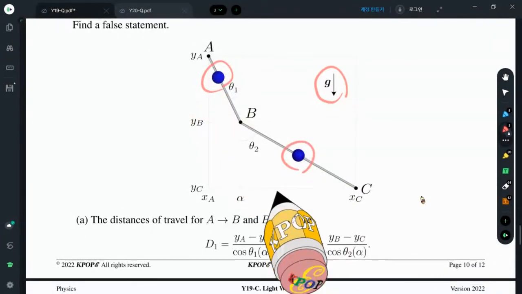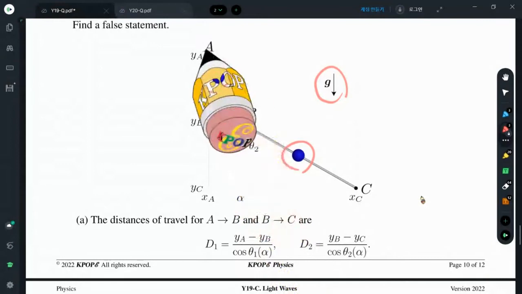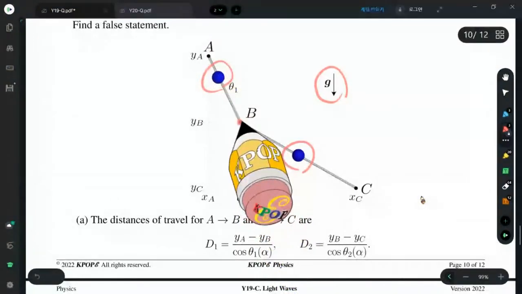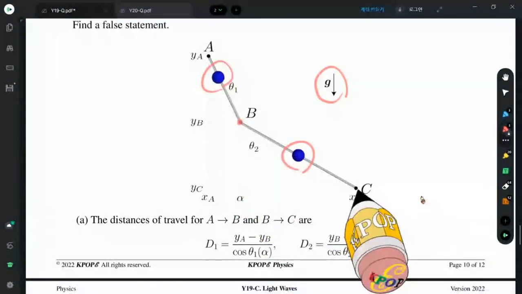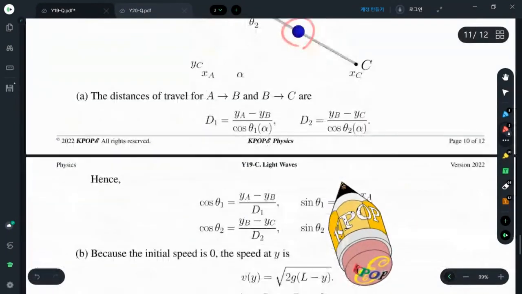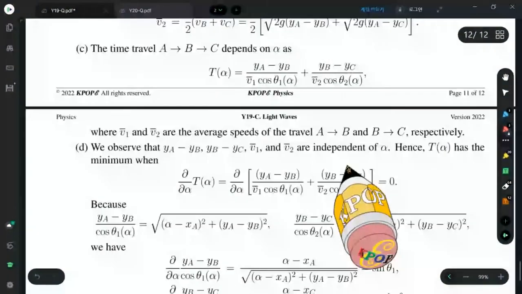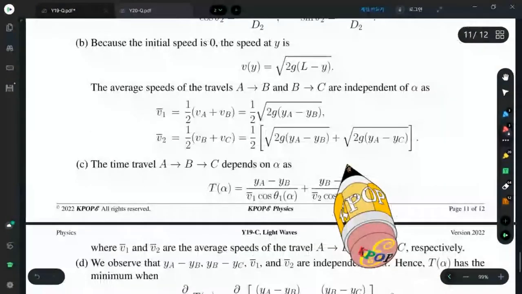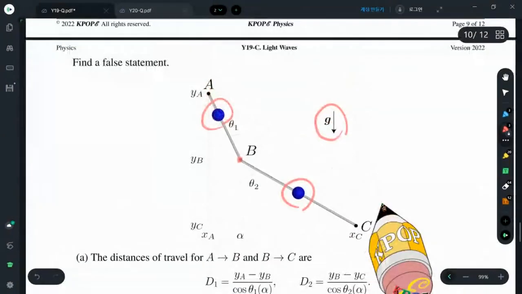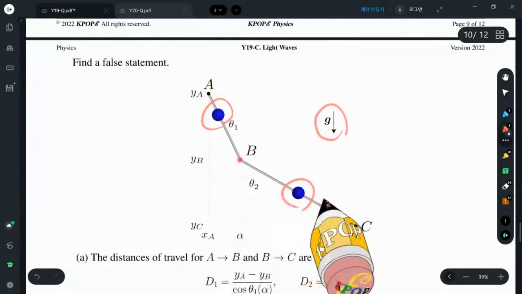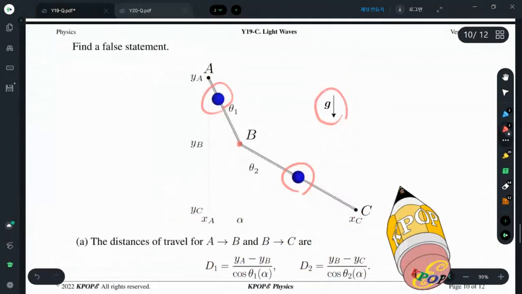But here, you will find that the point at which the time elapsed becomes minimized follows Snell's law. It is a kind of mechanical Snell's law. So it is our KPOPE's new finding that is published in the Journal of Korean Physical Society.